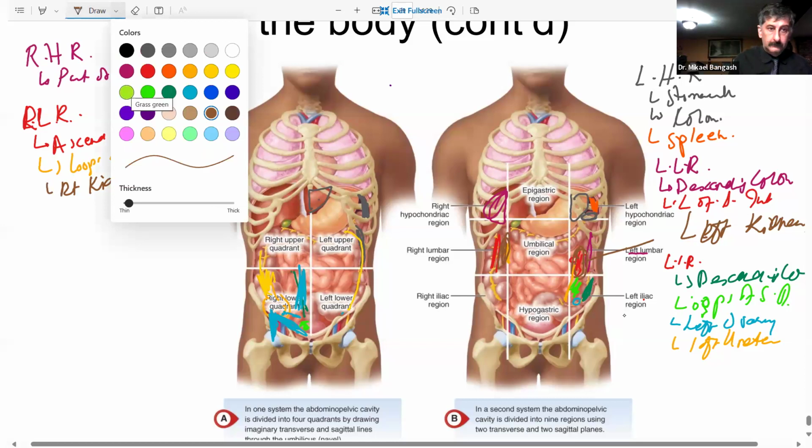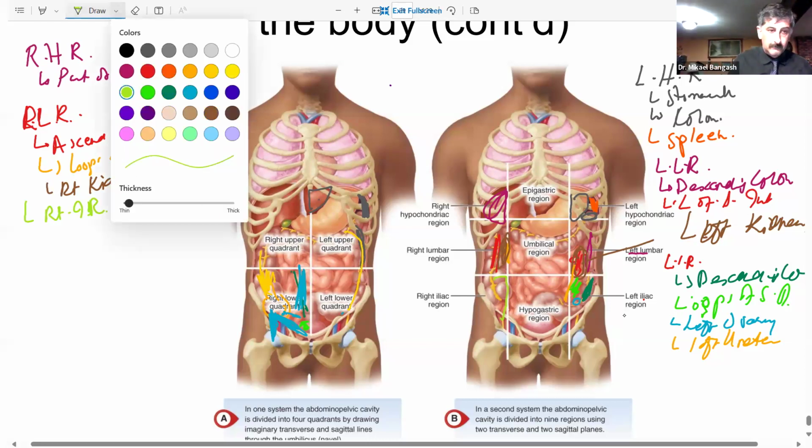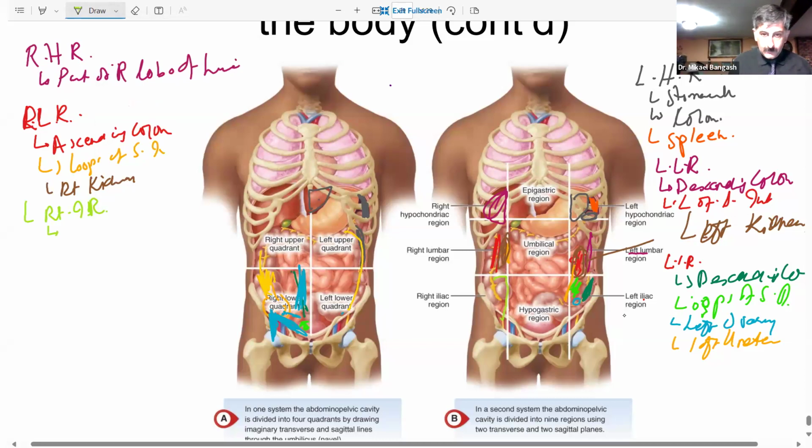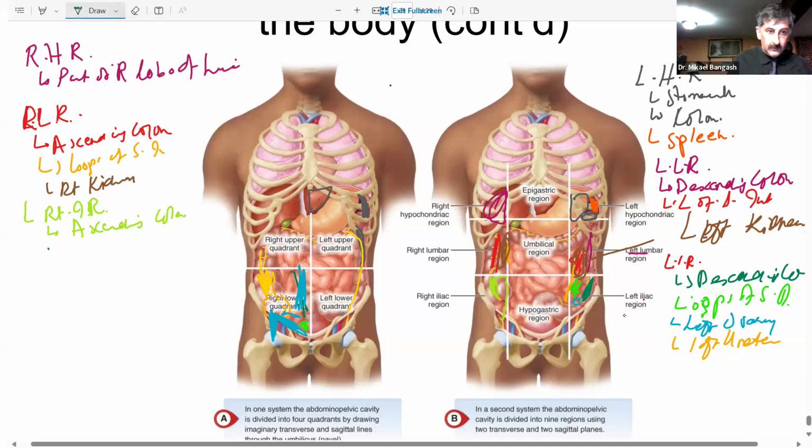Right iliac region. Now we mainly find part of the ascending colon. This is also going to be the region where you will find the cecum.